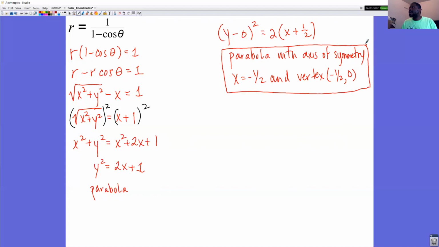Normally you would have to find the directrix and the foci, but here I'm not interested in those things right now. I'm just interested in finding the axis of symmetry and the vertex.